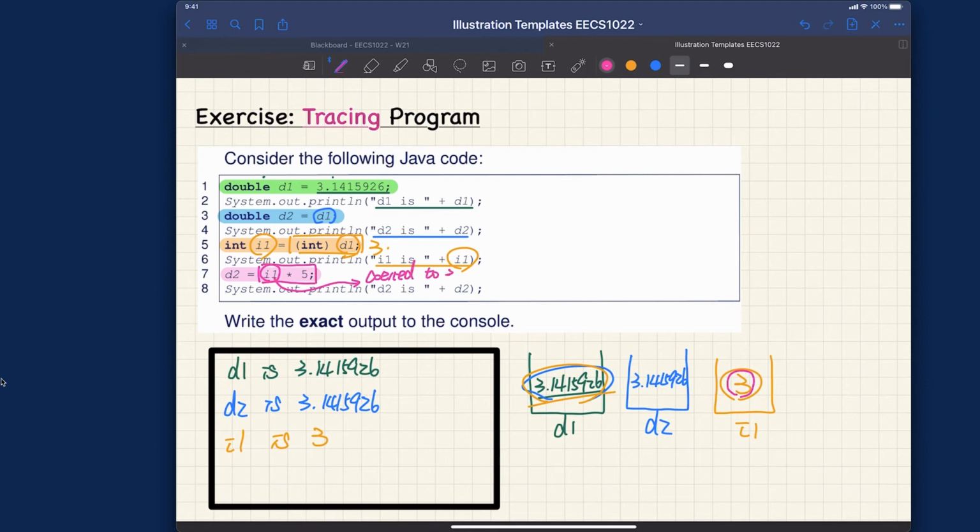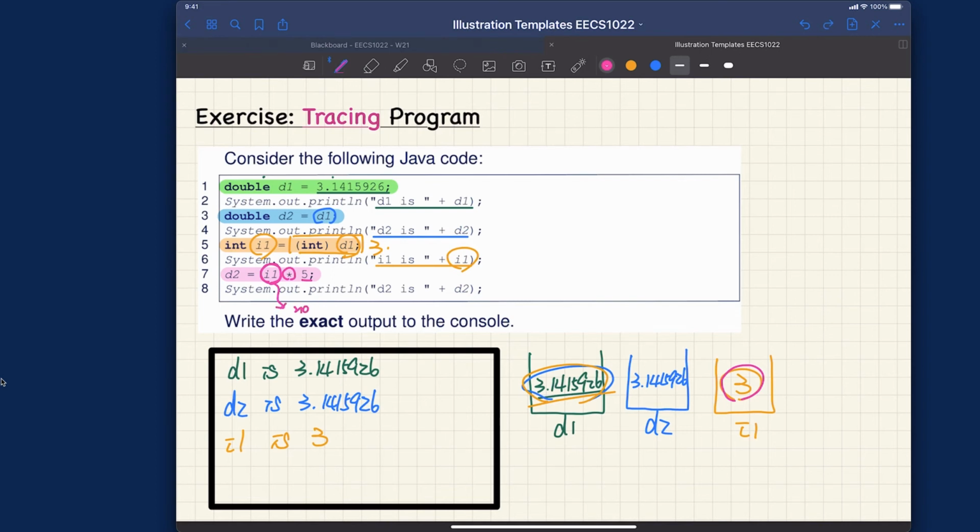I beg your pardon, let me say it again. There is no coercion, because the way to really see if there's any coercion is by looking at the operands. I1 over here is integer 3, and we're doing multiplication. What's the other operand? It's also an integer. Integer multiplied by integer, there is no need for coercion. Sorry about that. So 3 times 5 will be 15. So for I1 itself, no coercion.